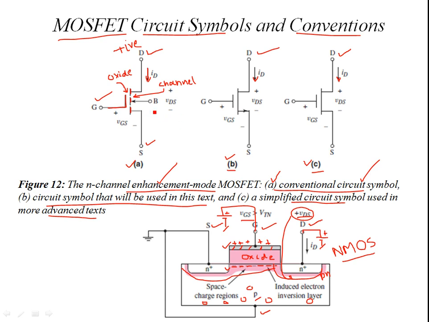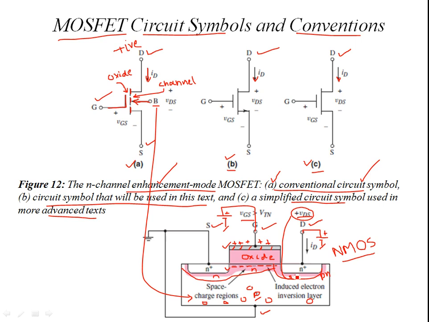The last thing that remains to discuss is this arrow. You have the bulk body. This B is the bulk. What it shows is the direction of the PN junction it forms with the bulk. This is your bulk body, your semiconductor, or what you call the substrate. See, this is P-type material, and these are N regions.